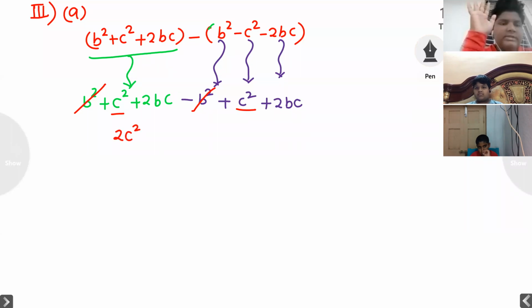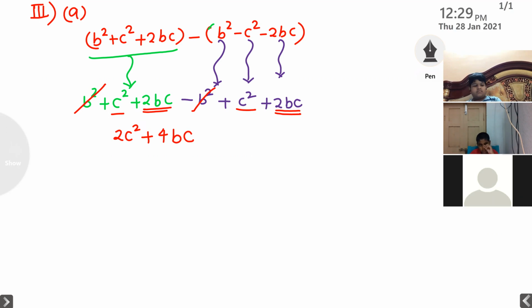Next, plus 2bc is here, plus 2bc is here. Plus 2bc plus 2bc means 4bc. Both are like terms and signs are the same. Answer is 2c square plus 4bc.